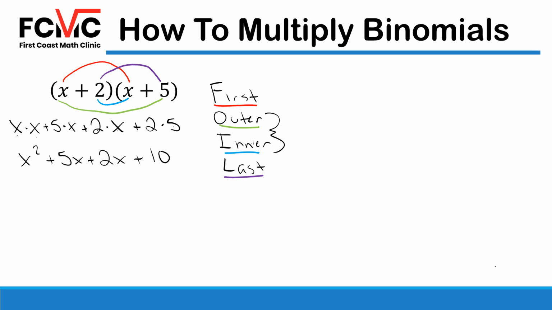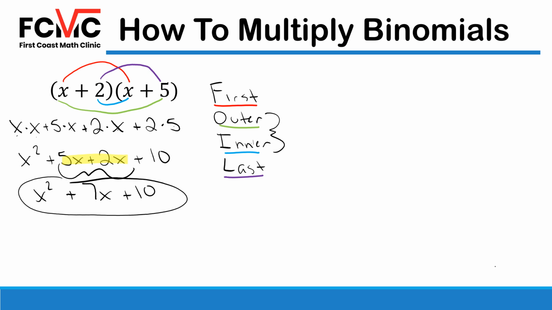So if we're looking here, our like terms are 5x and 2x. Like terms, again, have the same variable raised to the same power. So 5x plus 2x is going to give us 7x. And we could just bring down the x squared and the plus 10. And this is going to be our answer using FOIL to multiply our binomials.